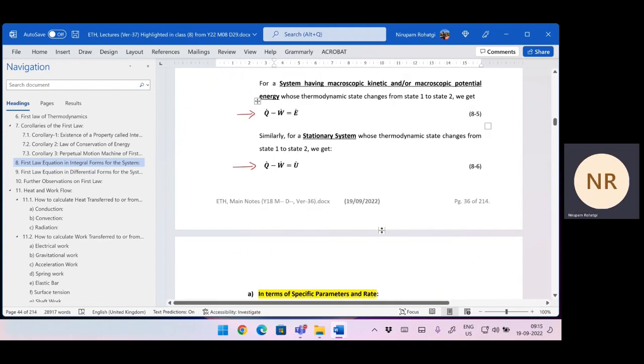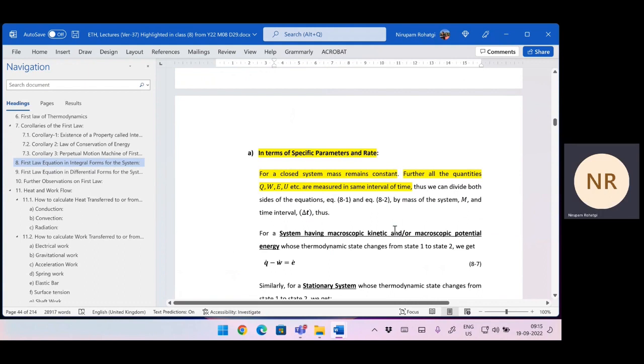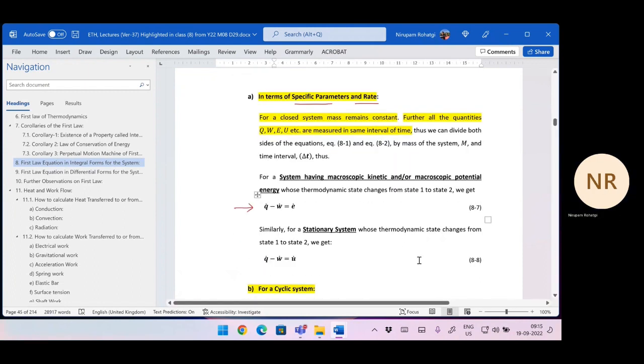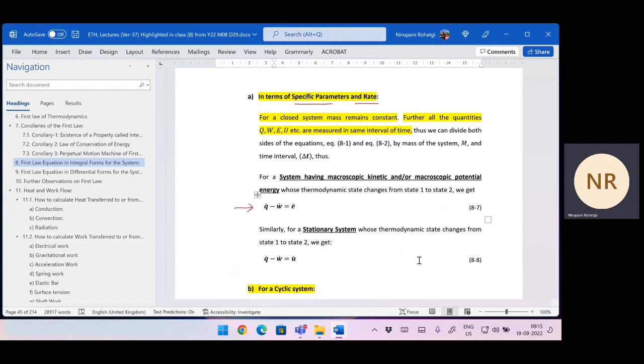Then you can divide both by mass and rate simultaneously, and you will get this specific rate: heat given per unit mass per unit time minus the work done by the system per unit mass per unit time equal to change in total energy of the system per unit time per unit mass. Okay. And same thing you can do for this.